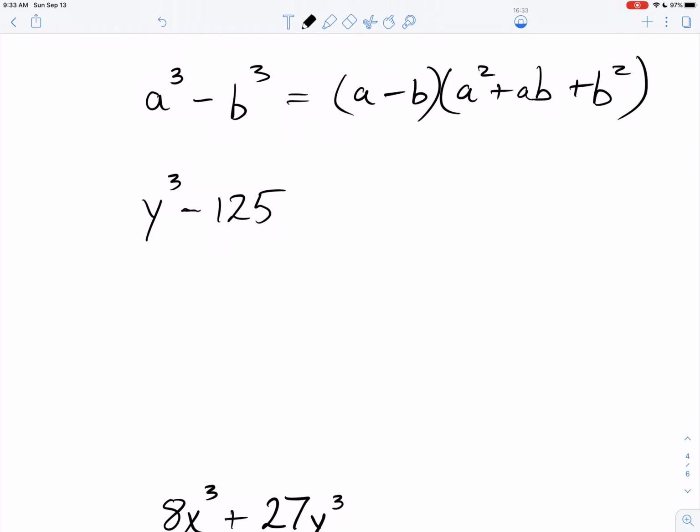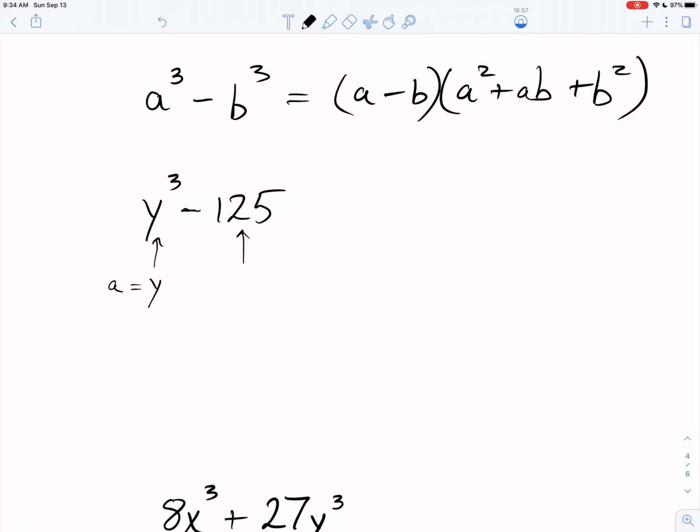That's what it looks like. But they don't want me to plug in a and b. They gave me a y. Well, what times itself 3 times is y cubed? And the answer is y.